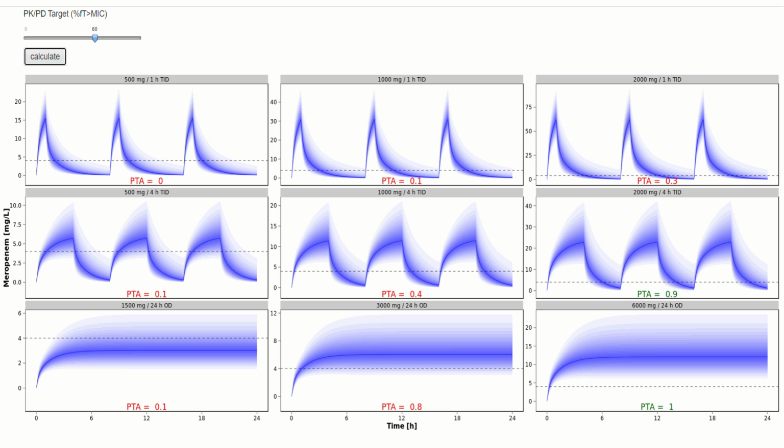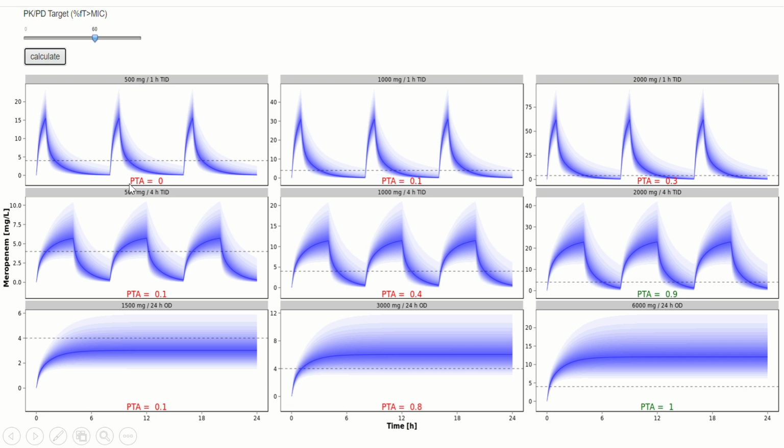So in this case, if I just take the first graph, I am giving 500 milligrams 3 times a day as a 1 hour infusion. When the MIC is 2 and I want the concentration above the MIC for 60% of the dosing interval, my probability of target attainment would be absolutely zero.